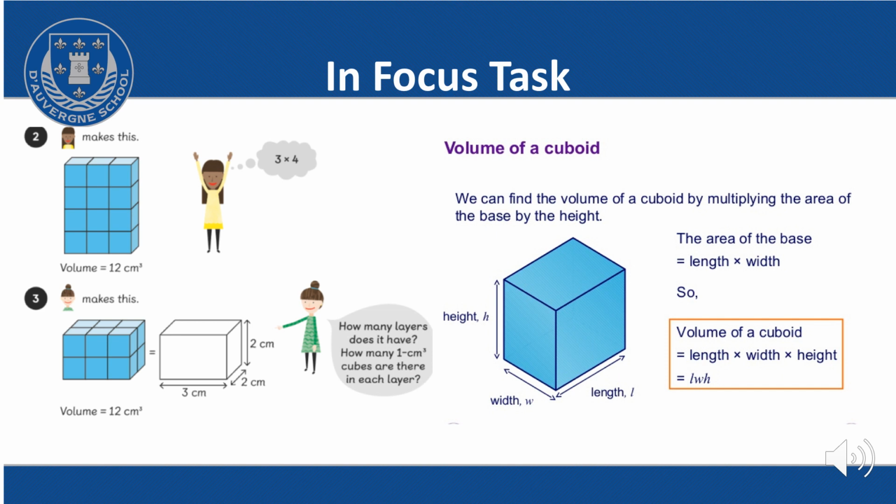The area of the base is the length times the width. So, to find the volume of a cuboid, you do the length times the width times the height. Remember in algebra, we remove those multiplication symbols, so we can write that the volume of a cuboid equals LWH.